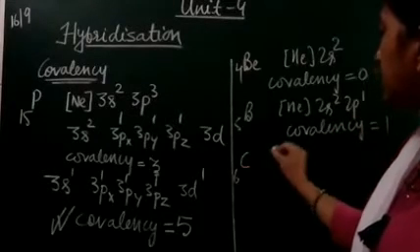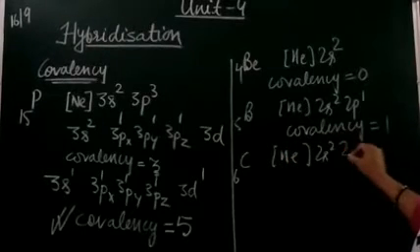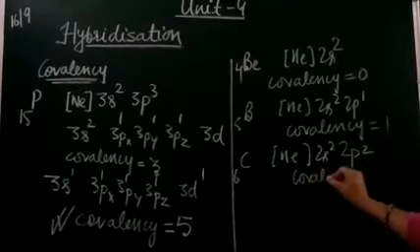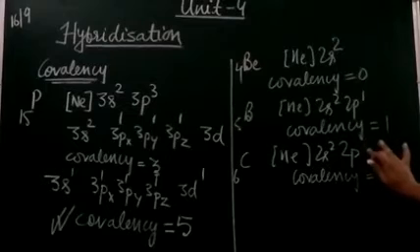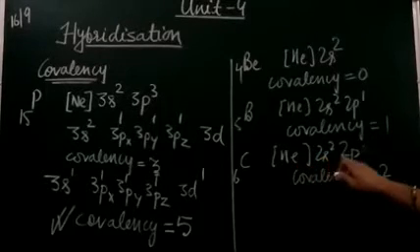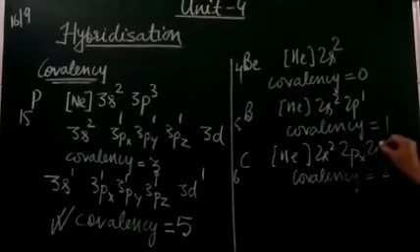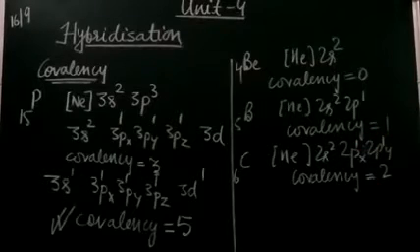Similarly, carbon is 6. So it is helium, 2s2, 2p2. So students, the covalency here is how much? 2. Sorry, it is 1s2, 2s2, then 2p2, but you can say 2px and 2py, so it is 1 and 1, so it is 2 here, right?